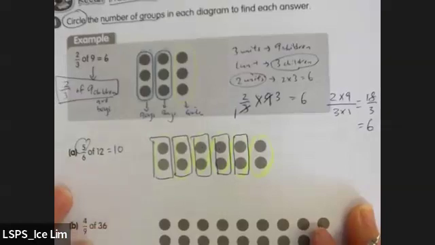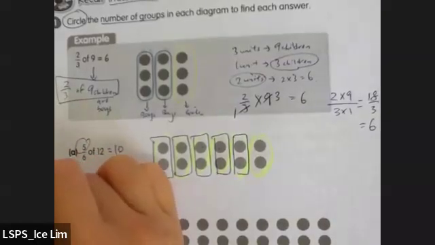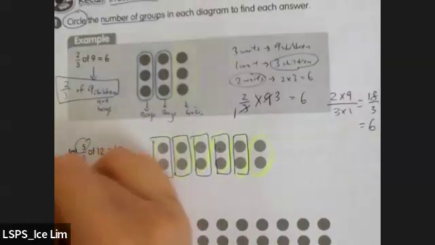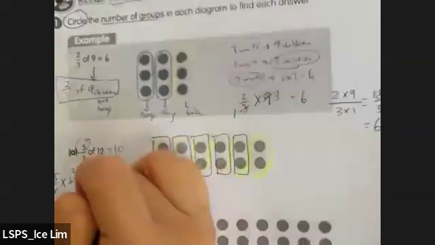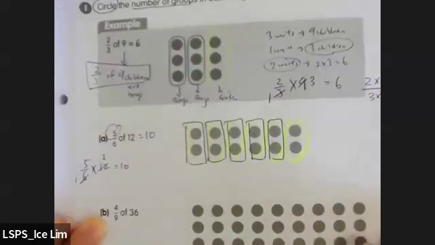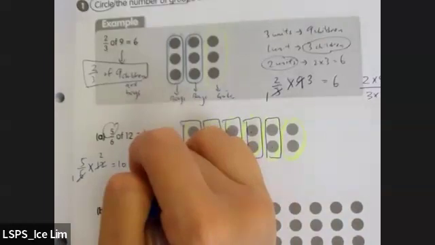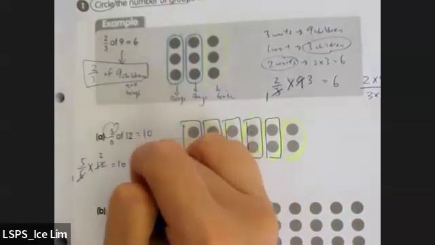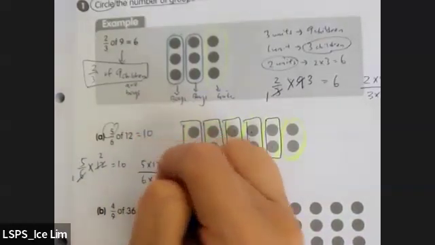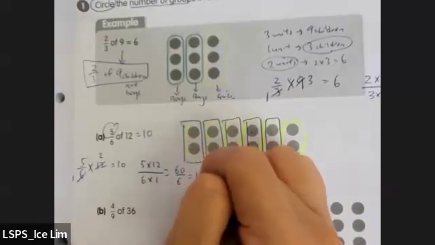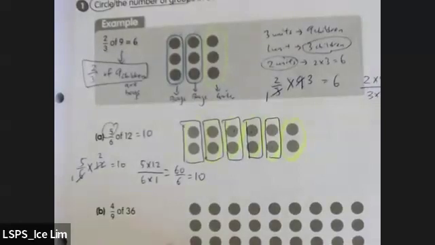I can write as 5/6 times 12. I can simplify. Cancel. 5 times 2 equals 10. I can understand it as 5 times 12 divided by 6, that will give me 60 divided by 6, also 10.